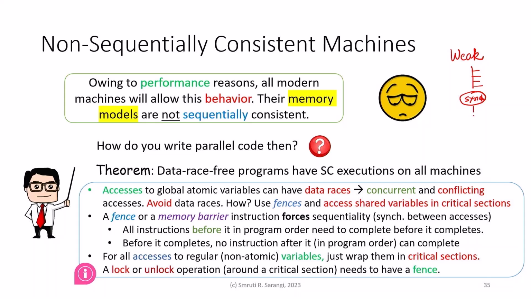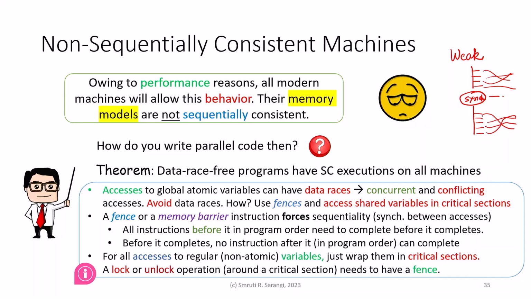And after this, whatever succeeds this in program order in the same thread, all of them have to complete after the synchronization instruction completes. In the sense that their orders of completion could be like this, which is fine. Similarly, their orders of completion could be like this, which is fine.